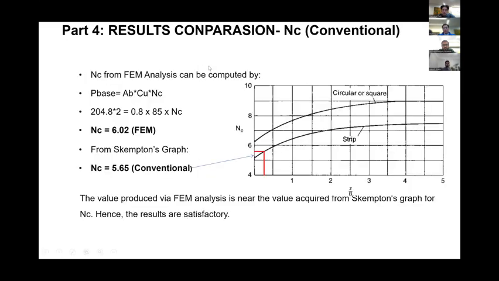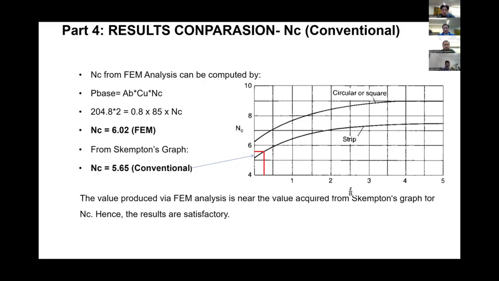The NC value validation in this part is calculated in the following way. The P base is equal to the area of the base multiplied by CU and multiplied by NC. So the first 3 numbers are determinable, and the NC can be determined by simple calculation. The NC is equal to 6.02 with the FEM methods.